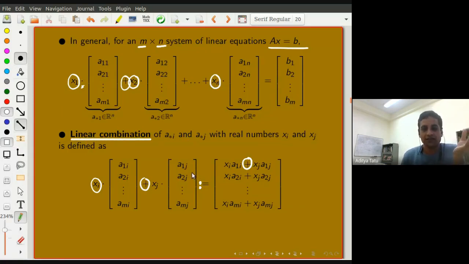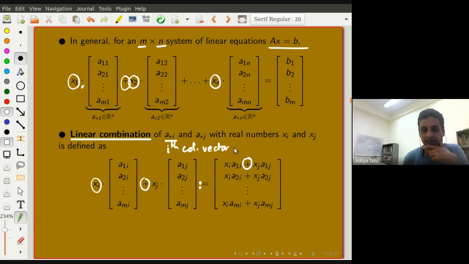And since I don't want to keep on writing matrices, I'm going to introduce notation here. A star I. What does that mean? A star I refers to the ith column vector of my matrix A, written as column vectors. Makes sense?